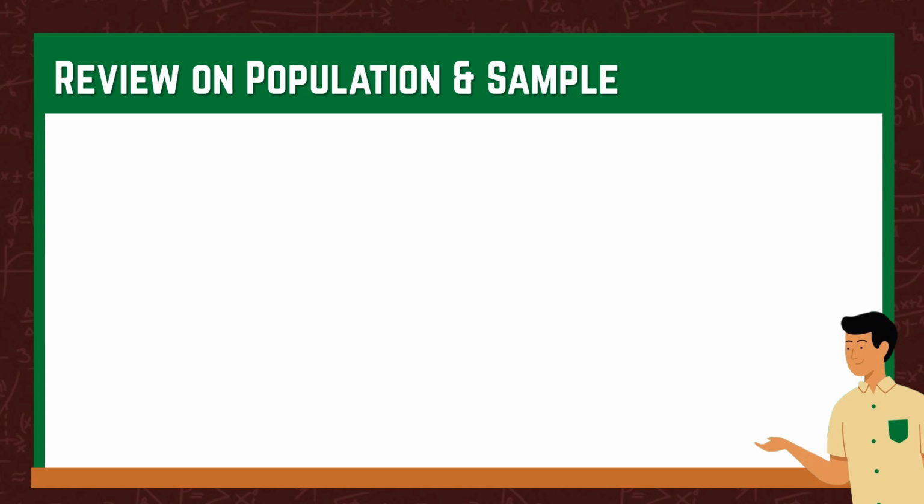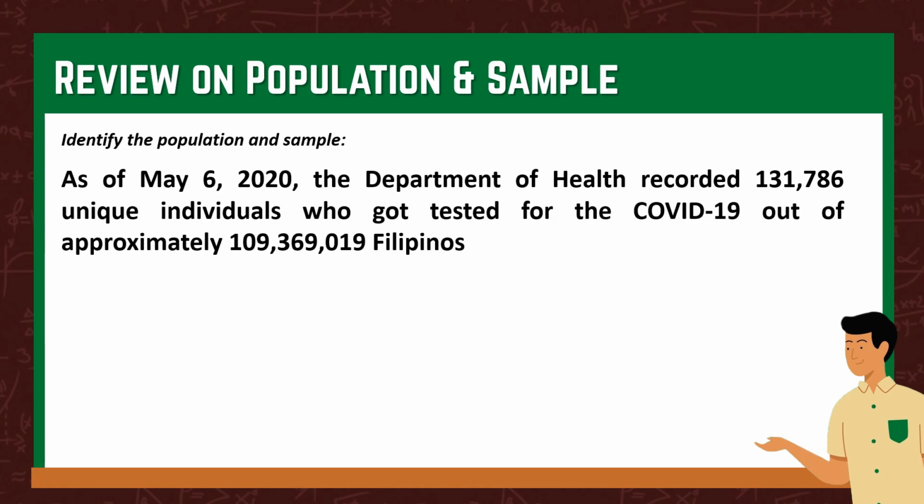Another example, as of May 6, 2020, the Department of Health recorded 131,786 unique individuals who got tested for the COVID-19 out of approximately 109,369,019 Filipinos.